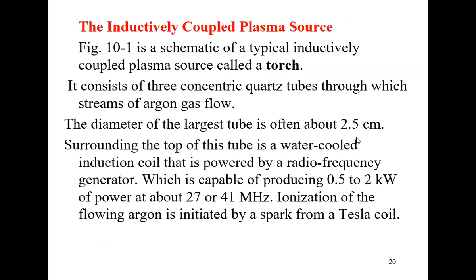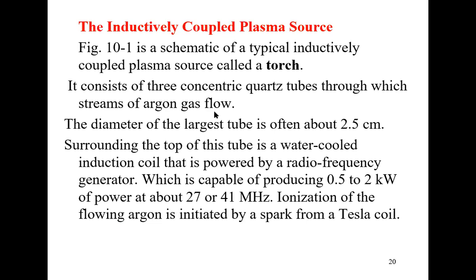So let me back up here. So this is the figure that is referred to here, a schematic of a typical inductively coupled plasma source, what we call a torch. And it consists of 3 concentric quartz tubes through which streams of argon gas flow.